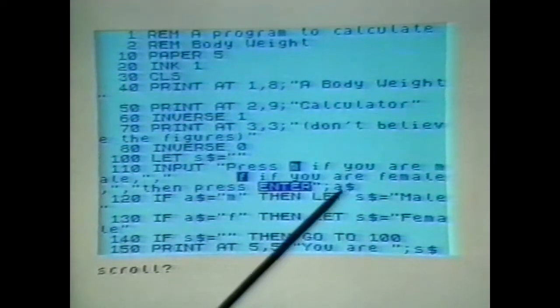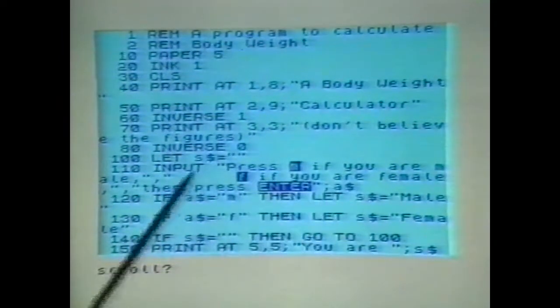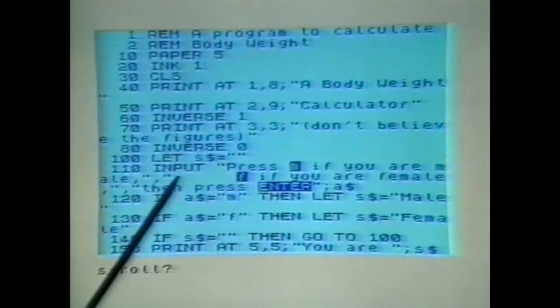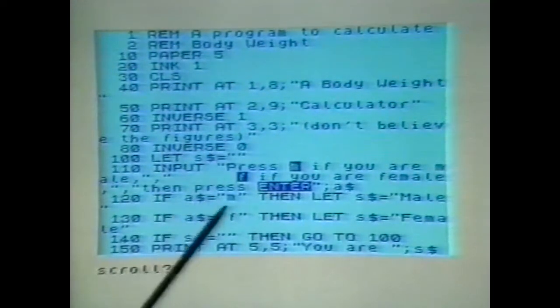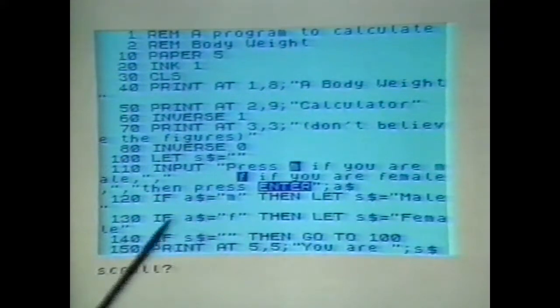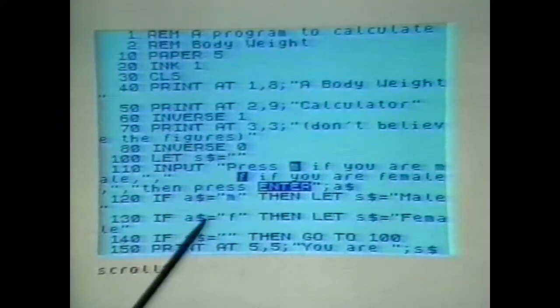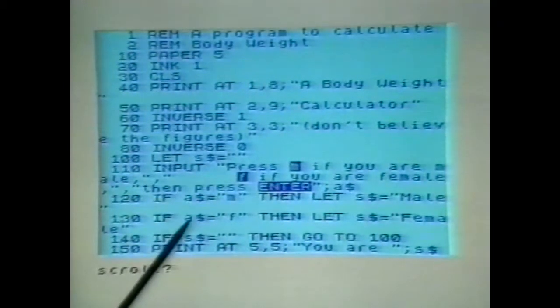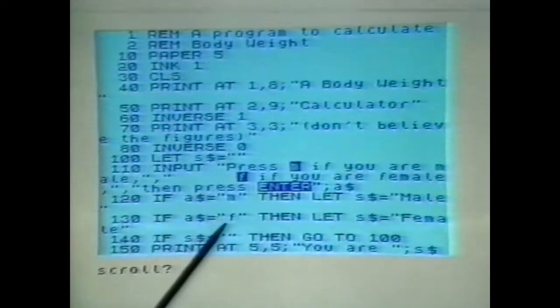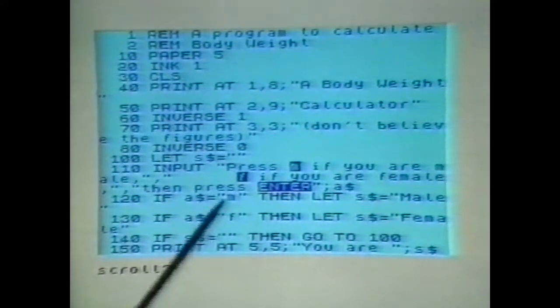So if we typed M in response to this input statement, then the if here will give a yes. Is A$ equal to M? Yes, it is. We did type an M. The next statement, if A$ is equal to F, asks another question about the same variable. Was it an F that we typed in? M and F were the two values that were expected by the program.